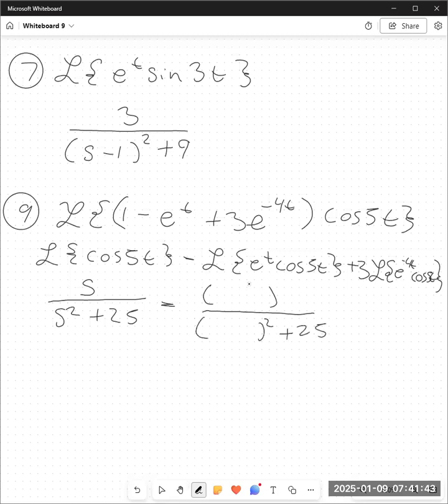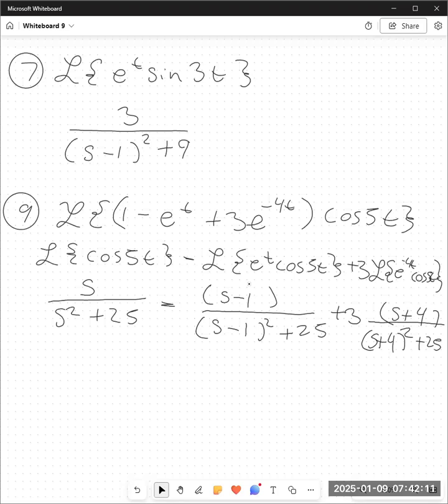And in their place goes, this time, s minus 1, and then plus 3, and then the s's get replaced with parentheses here. And it is s plus 4 for that one.